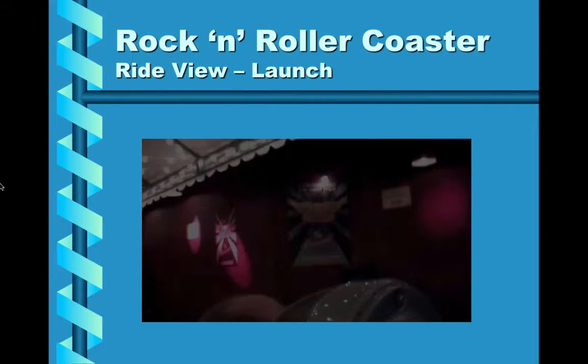Okay, just a sneak peek there. The actual ride, of course, is longer. That initial launch is pretty intense. It goes right into a looper inversion right there. So some pretty cool G-forces there.